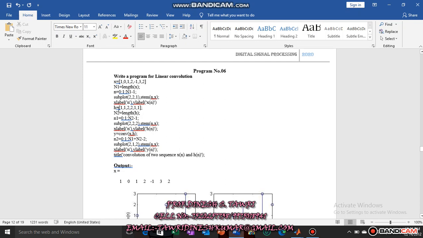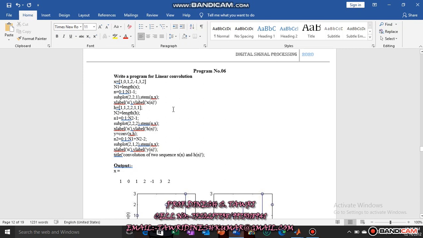This is h is equal to, in square bracket, 1 comma 1 comma 2 comma 2 comma 1 comma 1, square bracket complete. After completing the square bracket you have to give the semicolon, as I told earlier. Then n2 is equal to length of h.